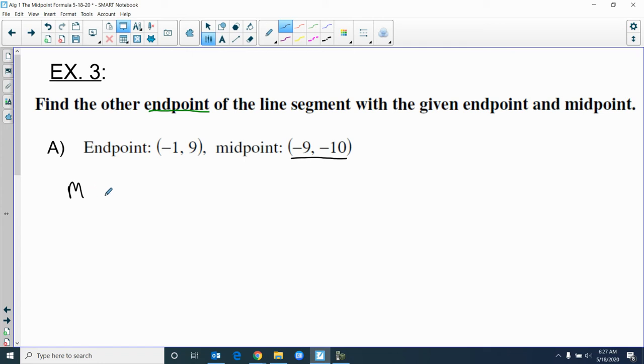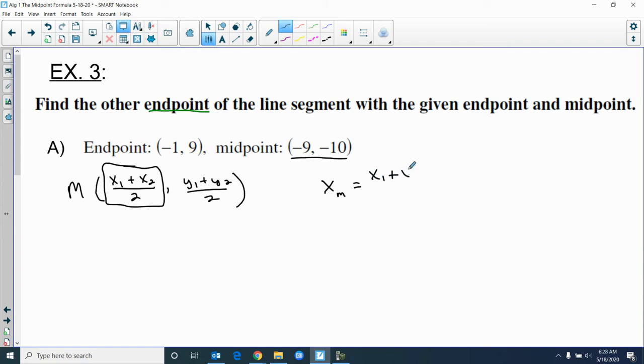Well, let's go back to our formula. The midpoint is x1 plus x2 divided by 2, and then y1 plus y2 divided by 2. Well, this is the x coordinate of the midpoint. So what I can say is x sub m equals x1 plus x2 divided by 2.